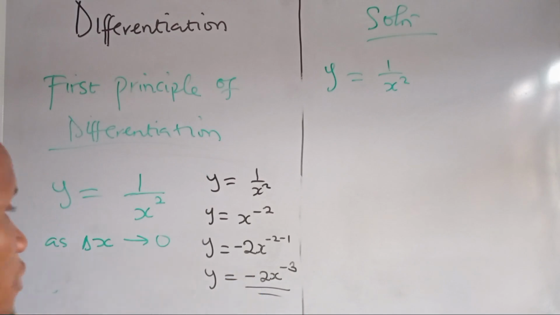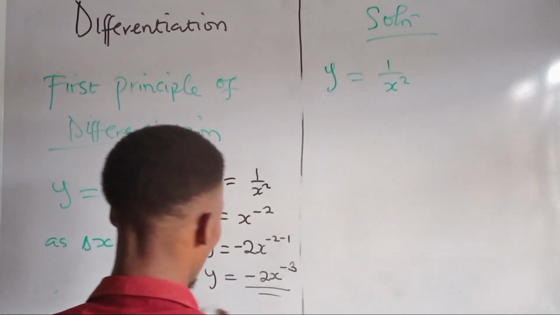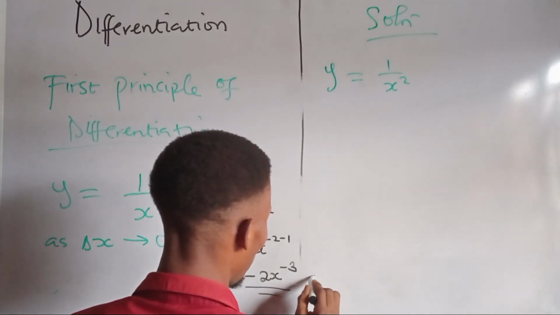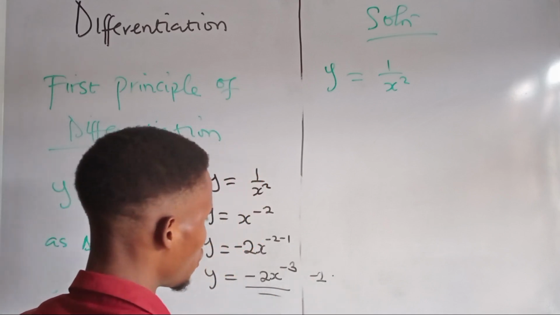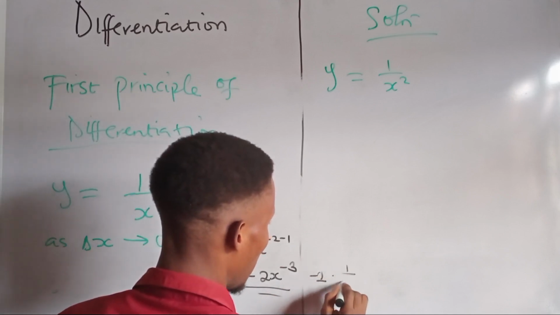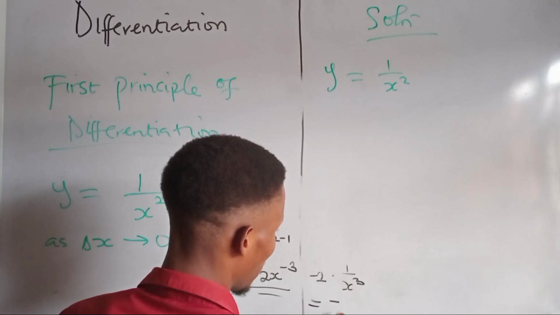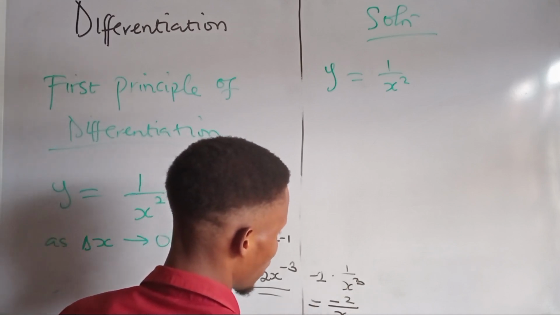It's either we'll have this, because here we can see how minus 2 can multiply. If minus 2 is multiplying 1 all over s squared, the answer can still be minus 2 s raised to 3, or minus 2 all over s raised to 3.